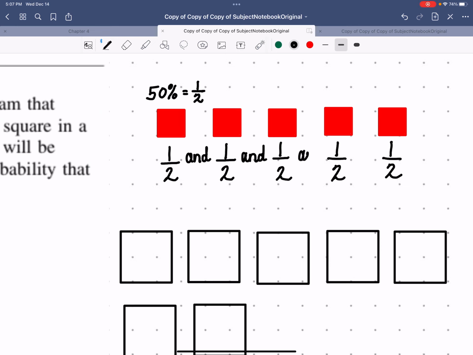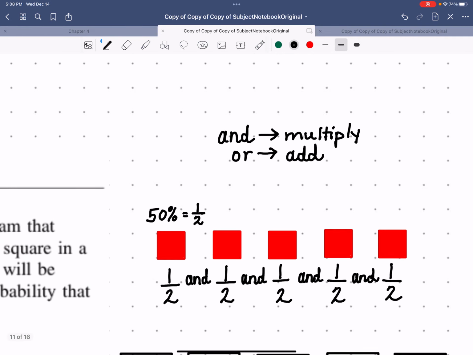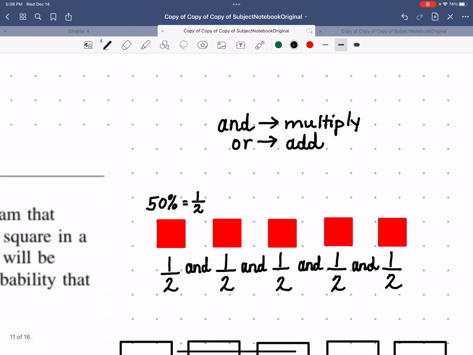So I'm using the word and. There's a $1 million secret with probability. If you already know it, you know a lot. When you have the word and in probability, that means to multiply. If you have the word or, you will be adding.